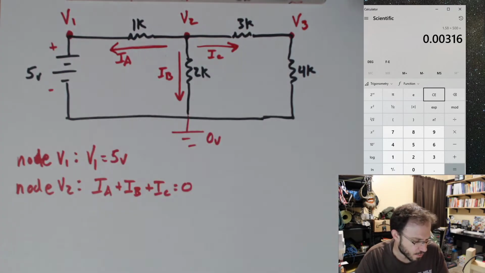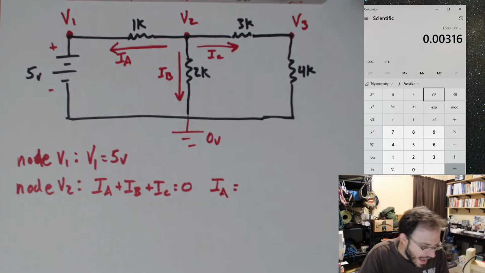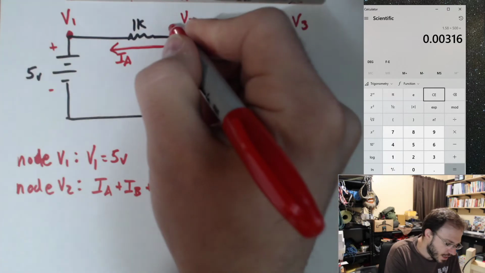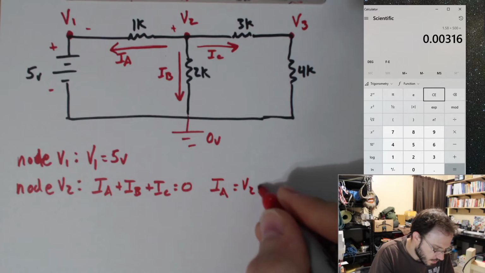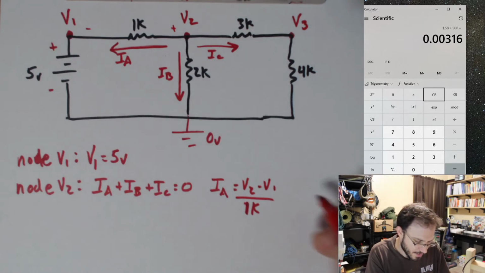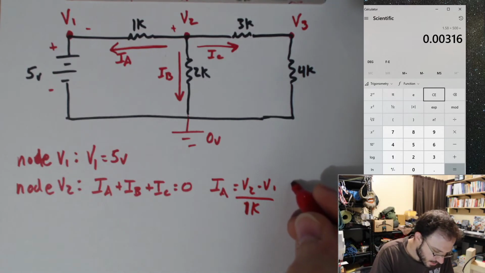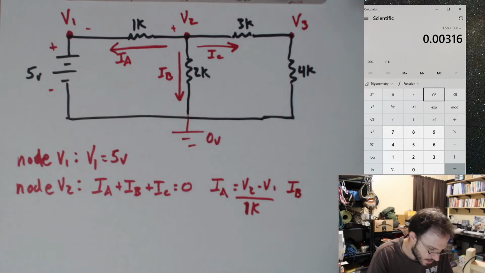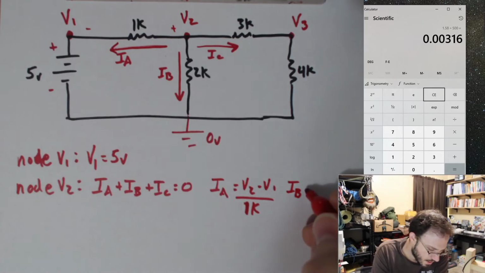Let's go ahead and now let's write out what IA, IB, IC are equal to. IA is going to be equal to, well, use polarity to help you out here. Plus V2 minus V1 divided by 1K. All right, let's go ahead and let's do IB. IB is just going to be V2 divided by 2K.